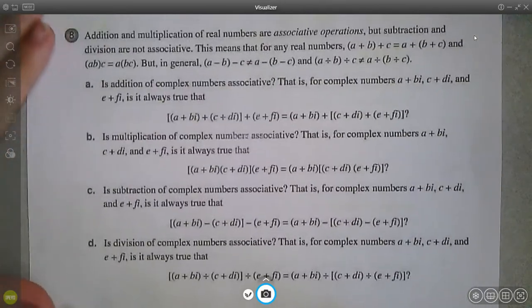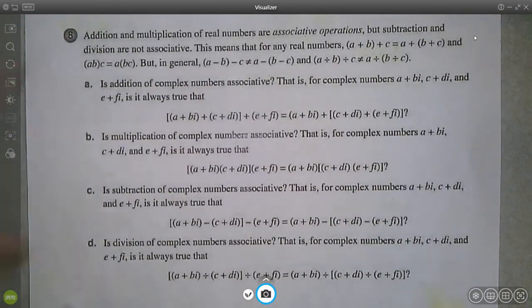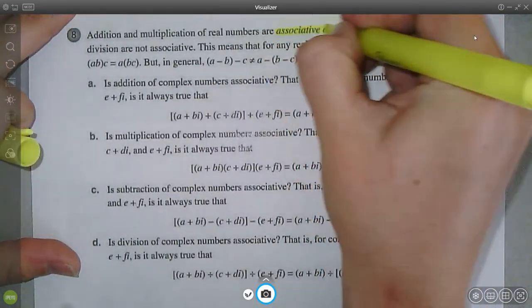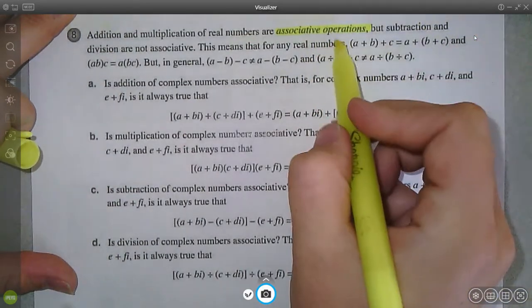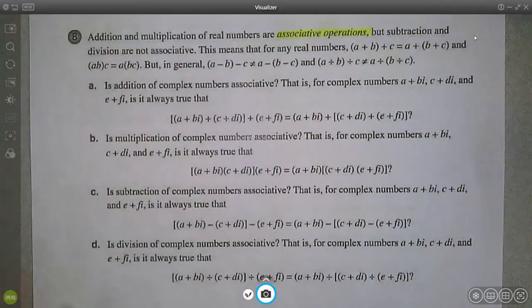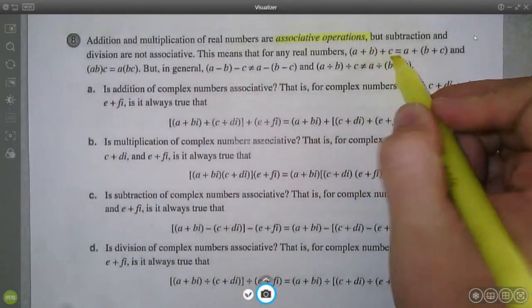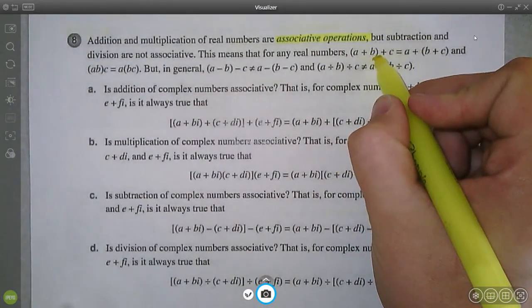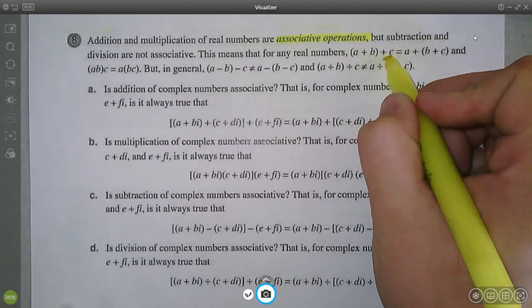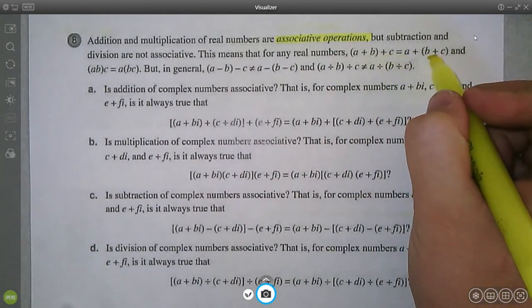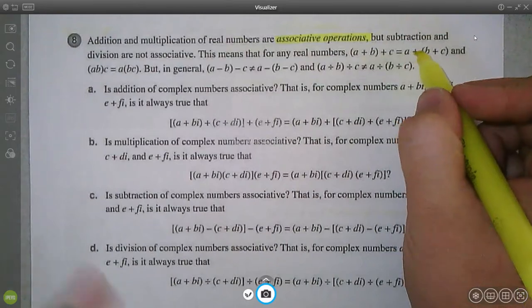Okay, and then on the back, it talks about associative operations. So associative just means that you're moving around parentheses. So you have 3 things. Here we have A, B, and C. If I take A plus B, and then I add C to it, is that the same as taking B plus C and then adding A?